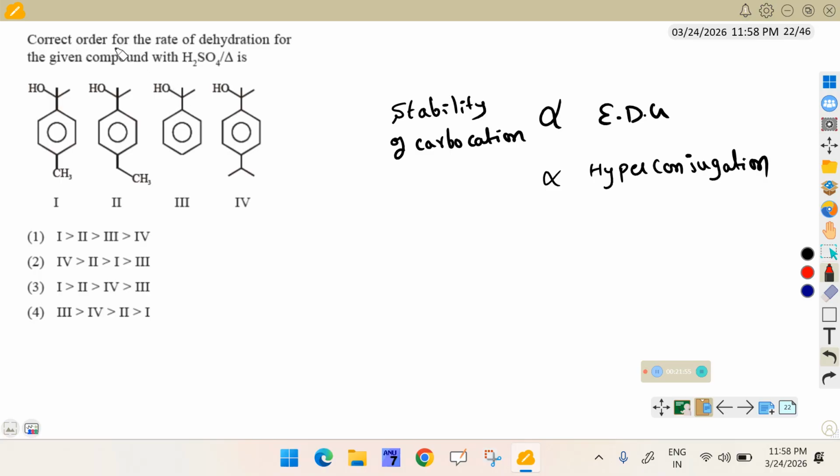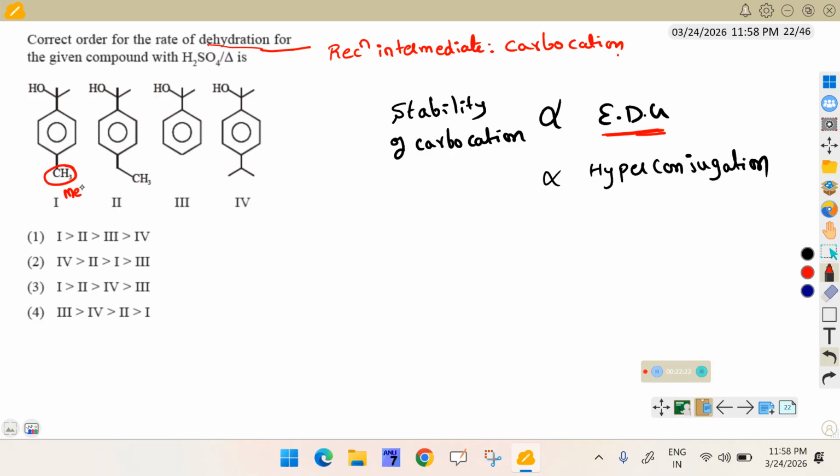Correct order for the rate of dehydration. First of all, in dehydration the reaction intermediate is a carbocation. The stability of a carbocation is directly proportional to electron donating groups. Here the methyl group is the electron donating group.